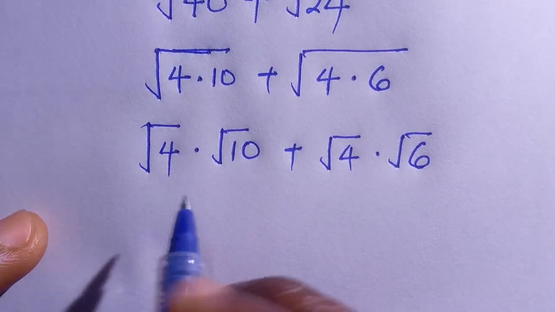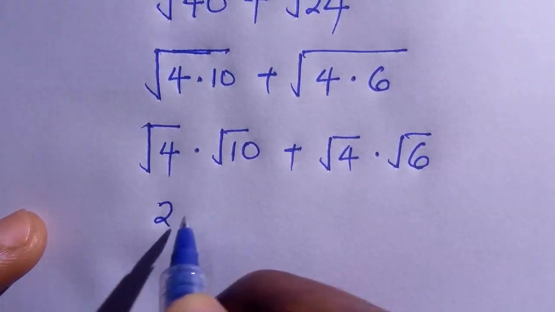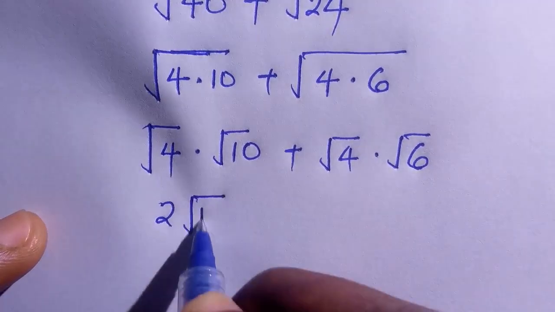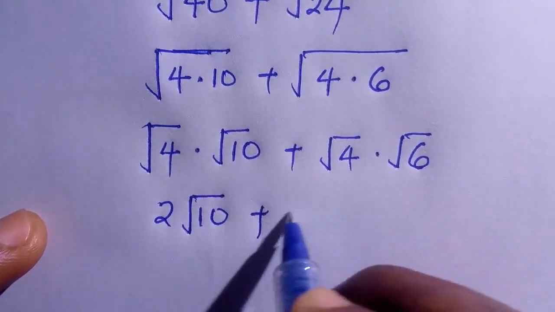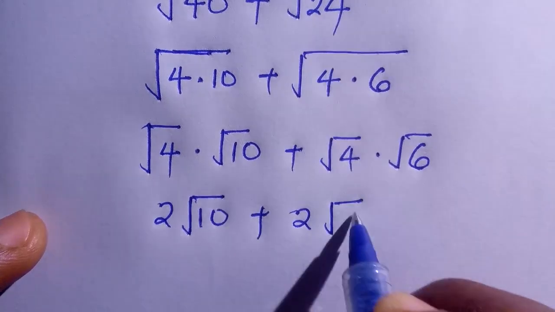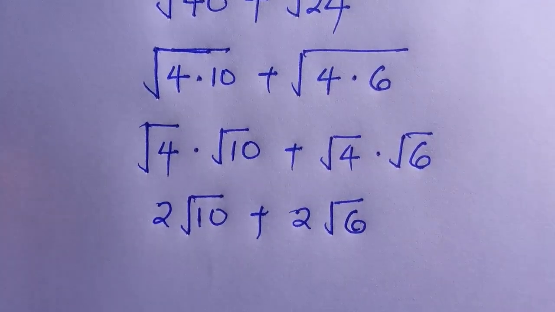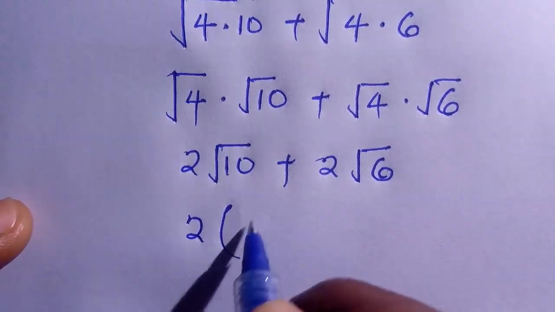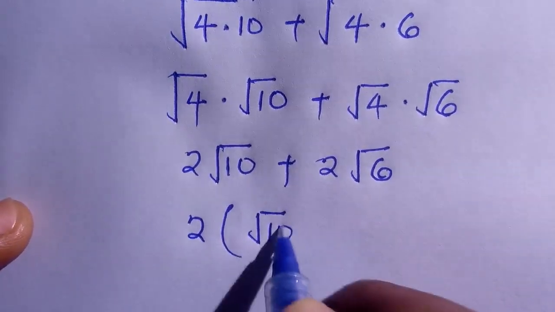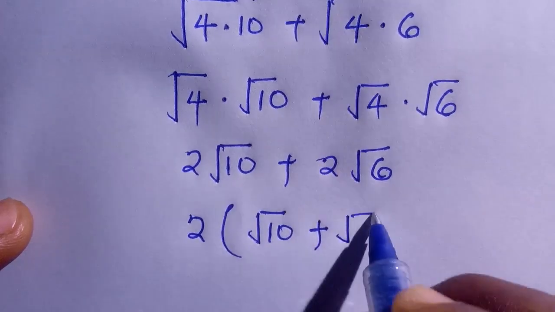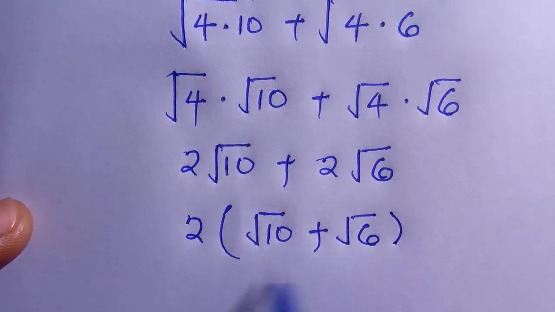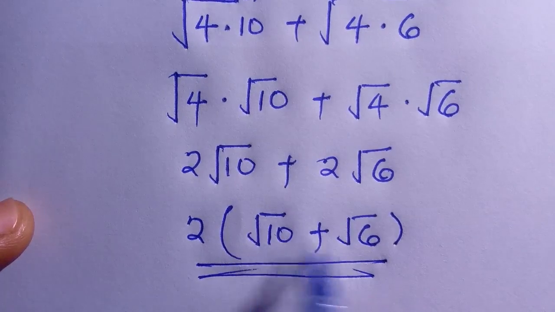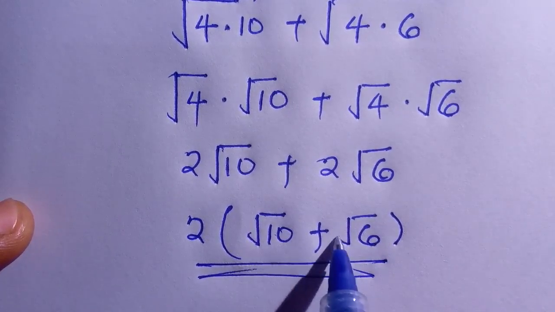Next, square root of 4 is 2. Then we have root 10 plus here is also 2 root 6. And by factoring out 2, we have 2 bracket square root of 10 plus square root of 6, which this one and this one cannot be further broken down.